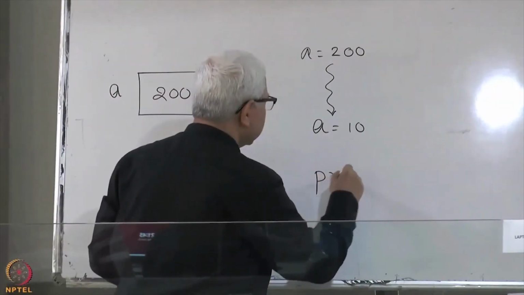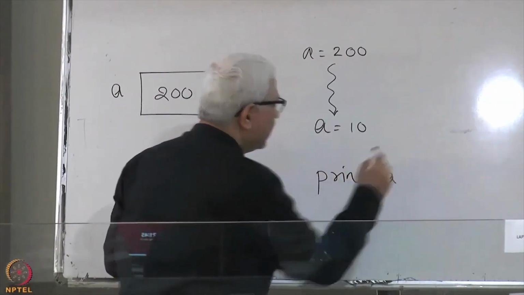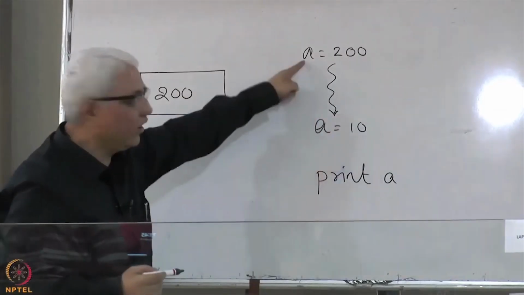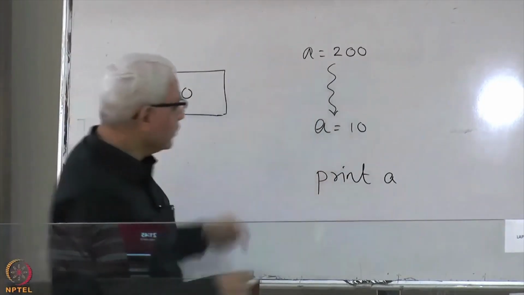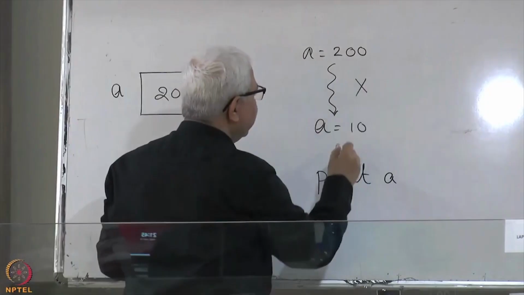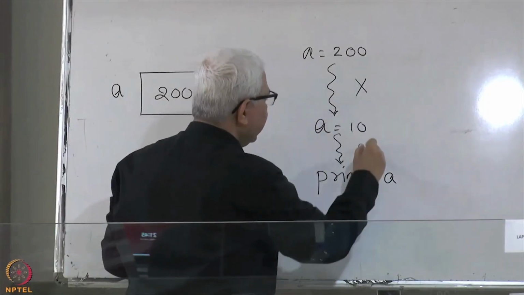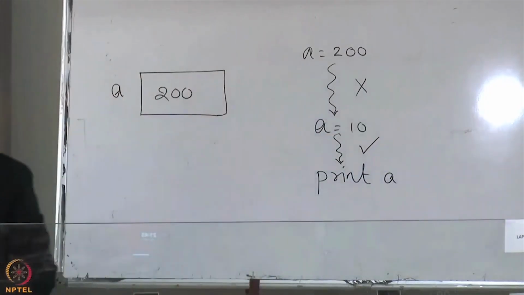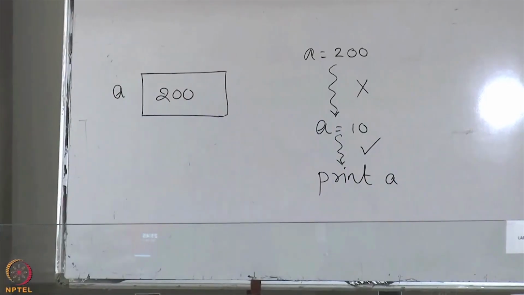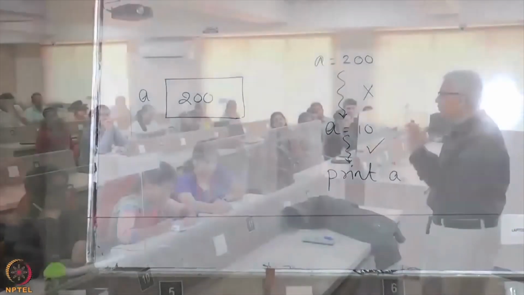If I am saying print A here, I am going to print the value 10 and not 200. So here X is not live, here A is live. Either there is no use or the value is overwritten.